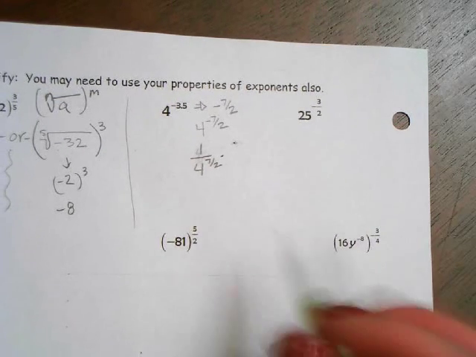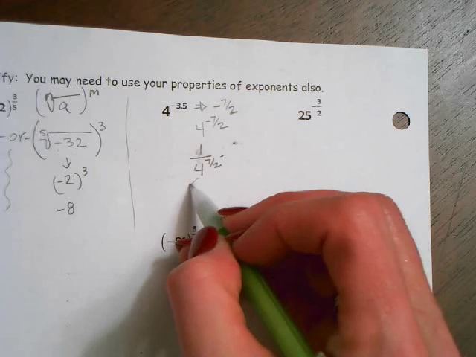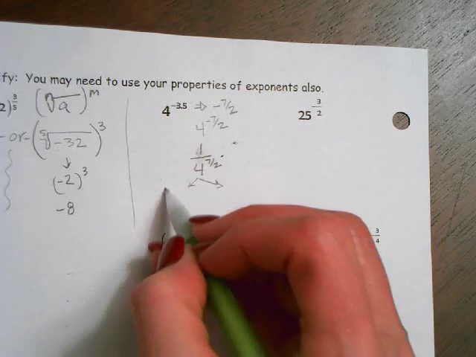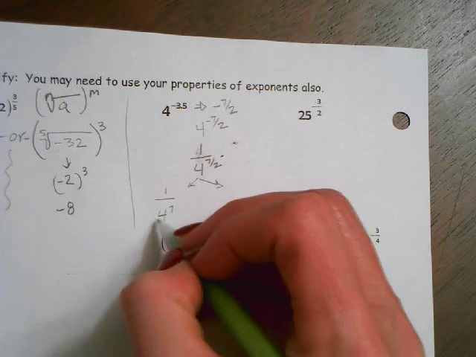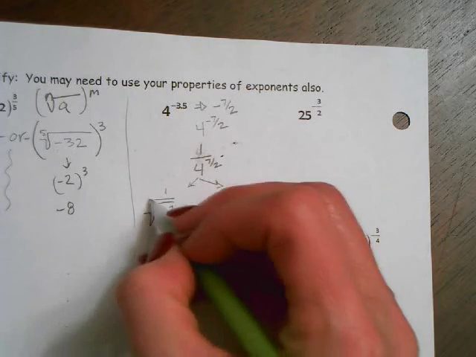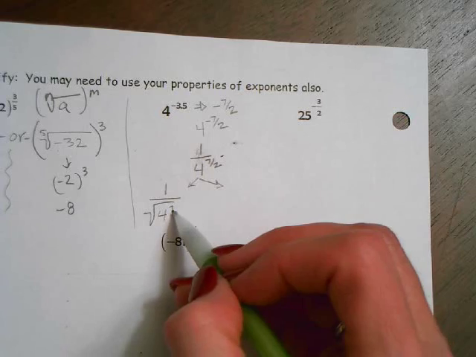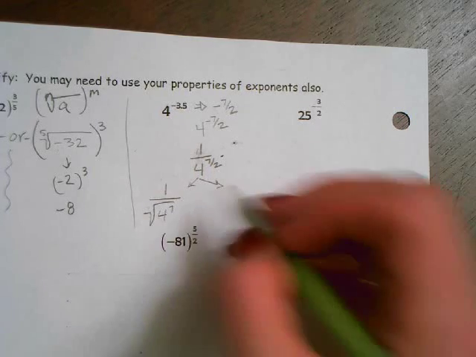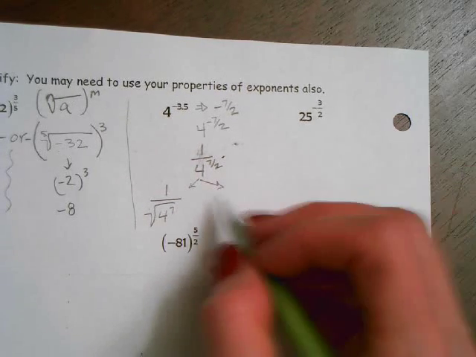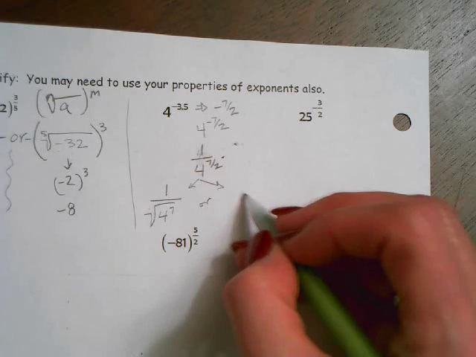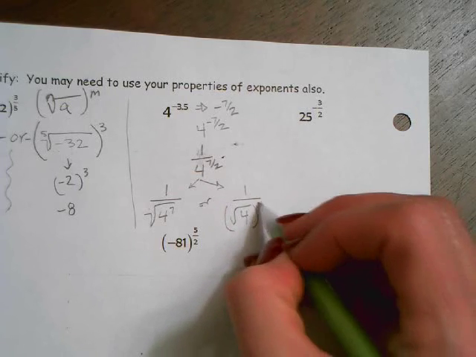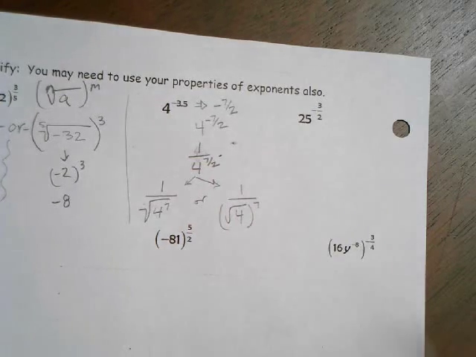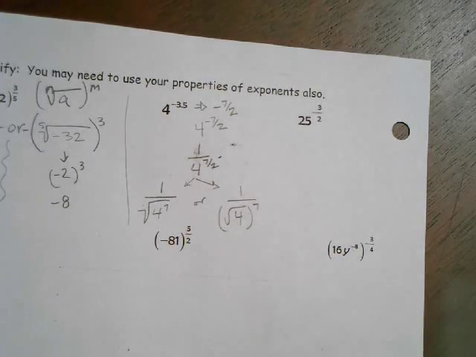Okay? So now I can rewrite this, and I can go two different directions with it. I can go 1 over the square root of 4 to the 7th power, because the 7th becomes the power here and the 2 becomes the index on the radical sign. Or I could do 1 over the square root of 4, and that's all going to be to the 7th power. Okay, so either way they're the same.